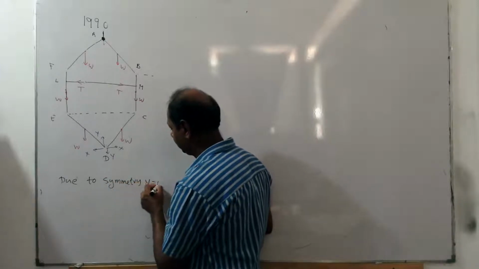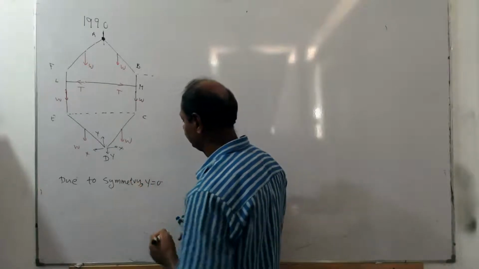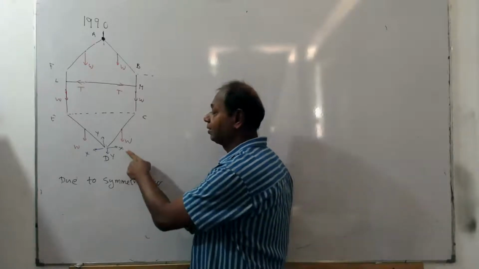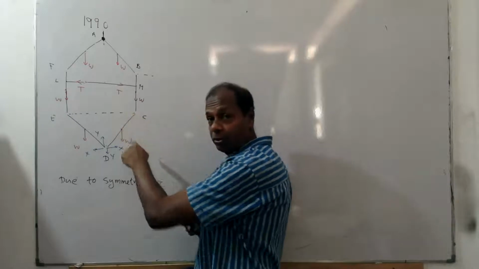Y is equal to 0, right? Okay, then mark at the other vertices. So this is x. There is no other horizontal force until you reach this point.